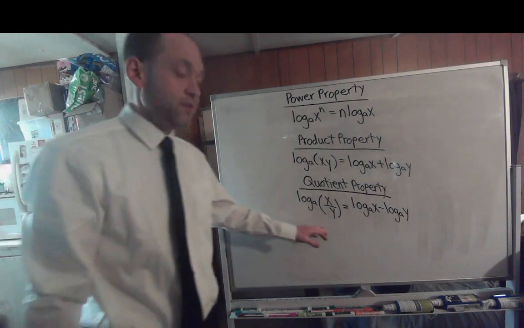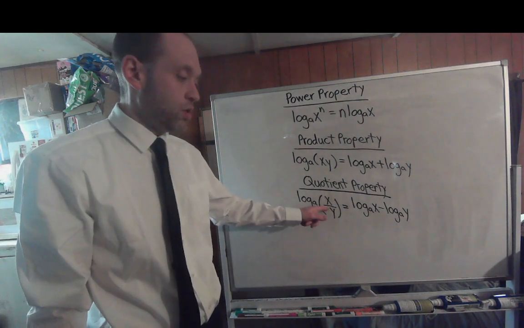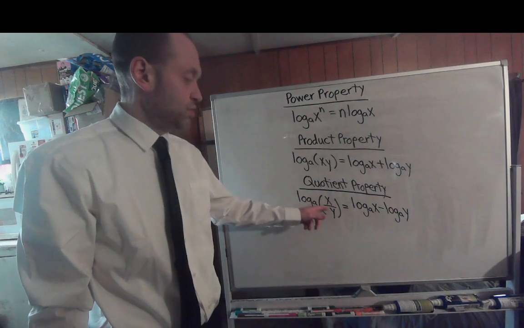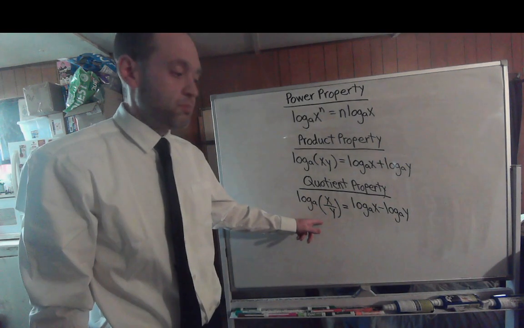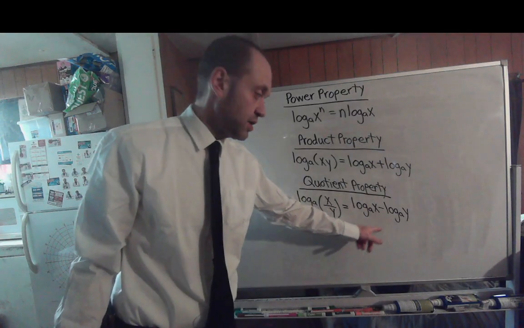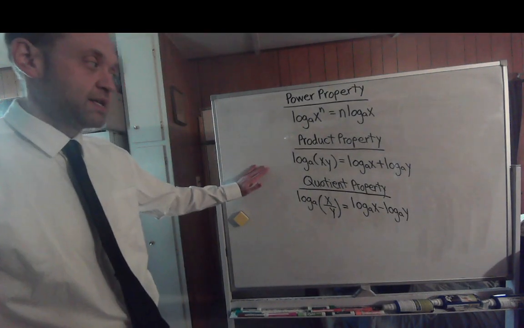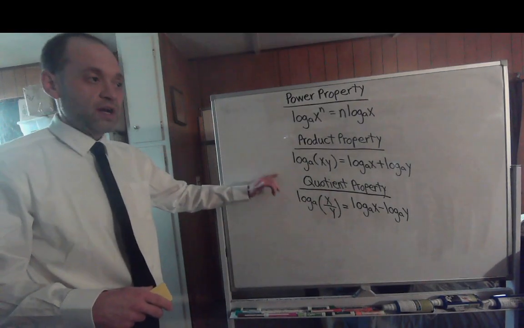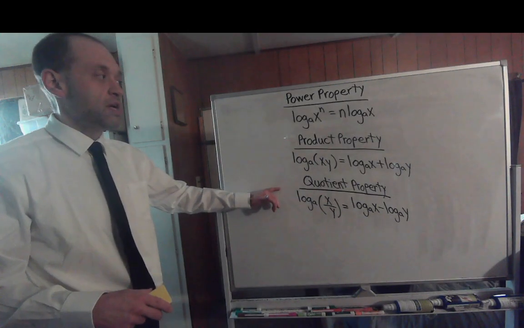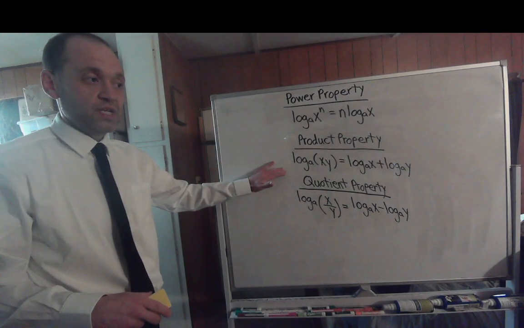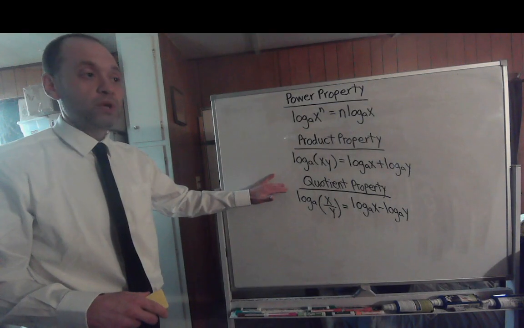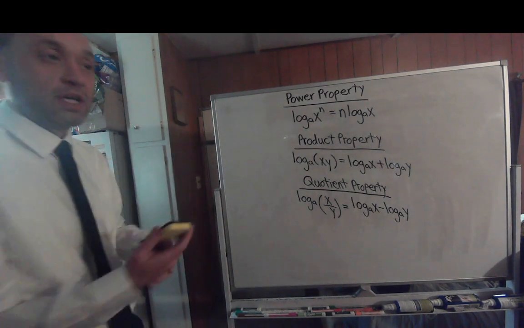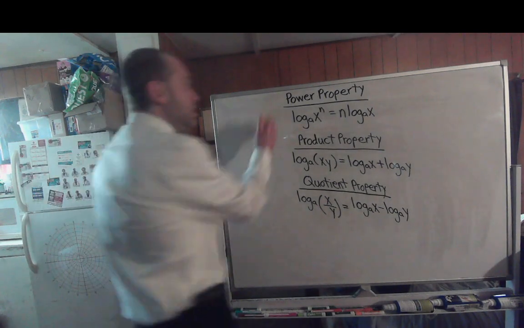So a quotient of two numbers inside of one logarithm becomes a difference of two logarithms of the same base. So these three properties are very important for dealing with logarithmic expressions and will also be useful when we go to solve logarithmic equations in the next lesson.